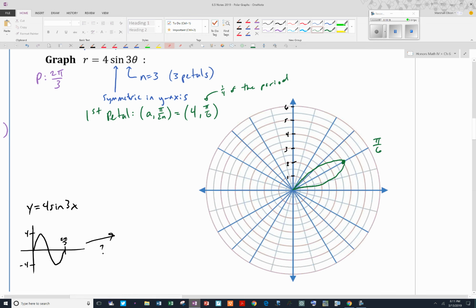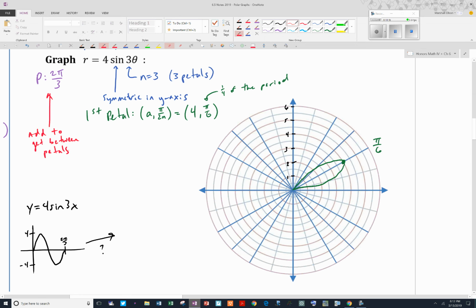Now, because there's an odd number of petals, and you can get all this information from up above, we will add the period to get between petals.